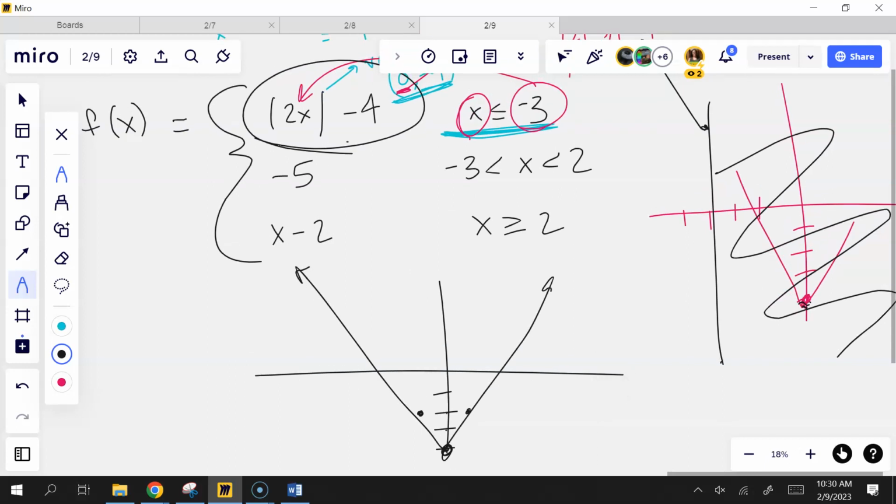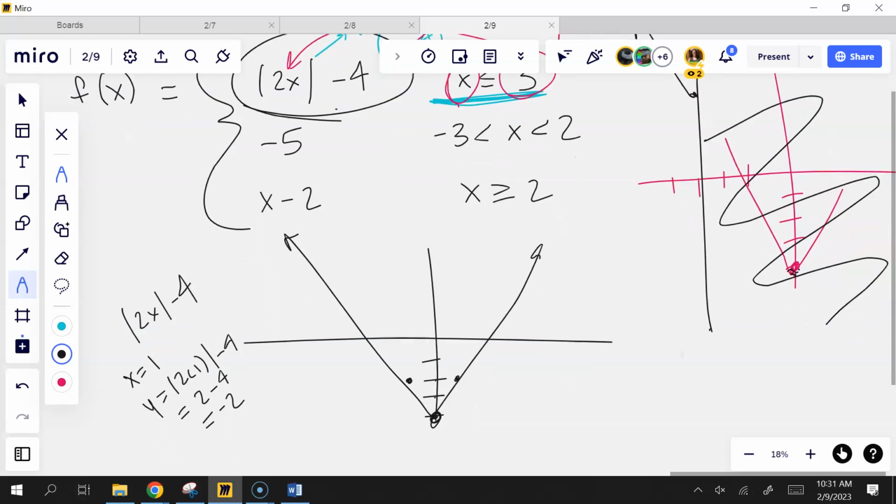If I said graph 2x minus 4, I found the vertex. The vertex was 0, -4. I picked an x. I let x be 1. That means y would be 1, -2.